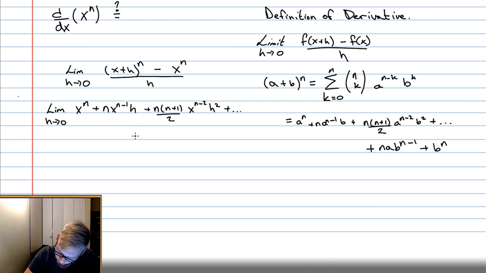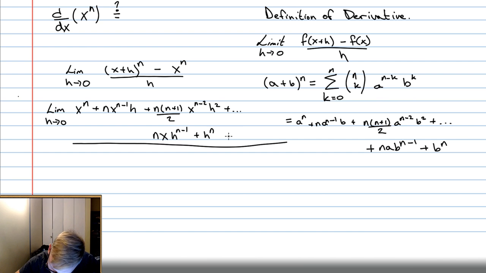I'm going to continue writing this on the next line. N times x times h to the n minus 1 and plus h to the n. And then, because I ran out of line, this is still going to be like this, and we have a minus x to the n, and this is still all over h.